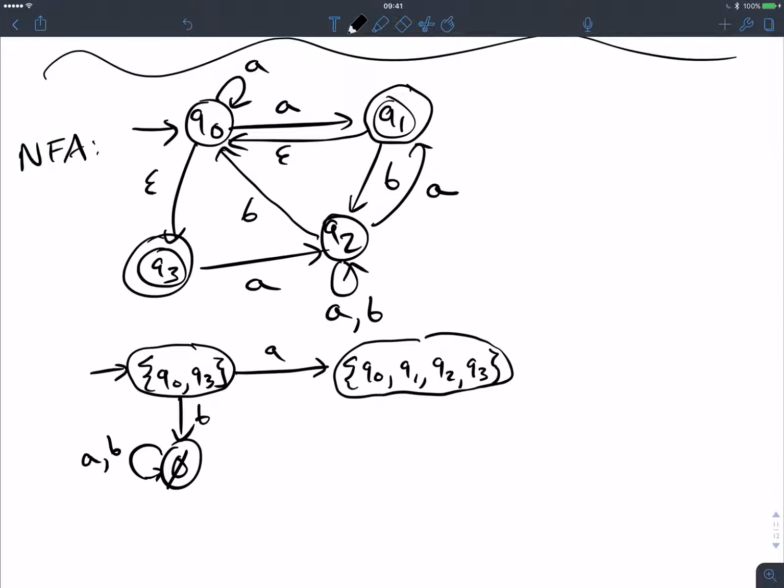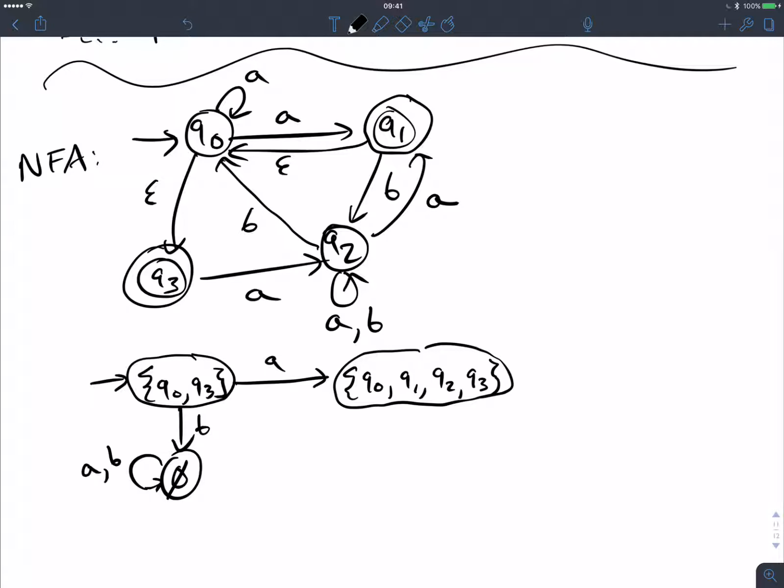We're not done yet. Where do I go from A on every single state? Well, I include Q0, Q1. 1 goes nowhere on A. 2 goes to Q1 on A, so we include, yeah, Q2 goes to Q2, and that's it so far.